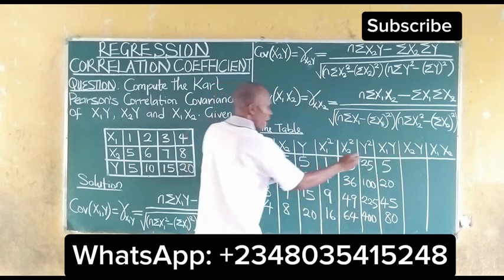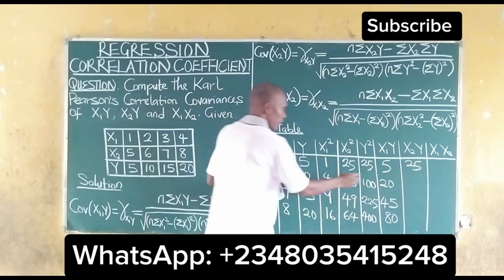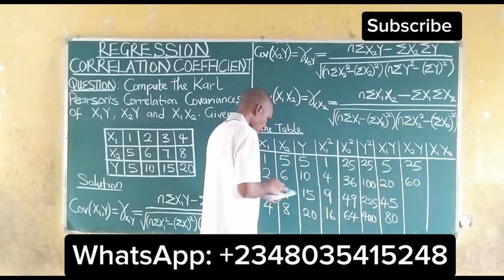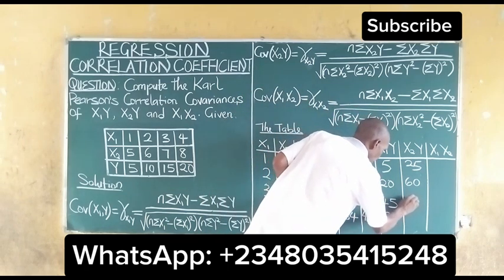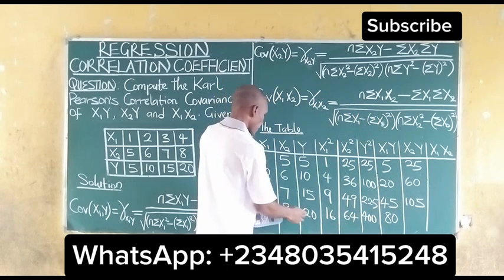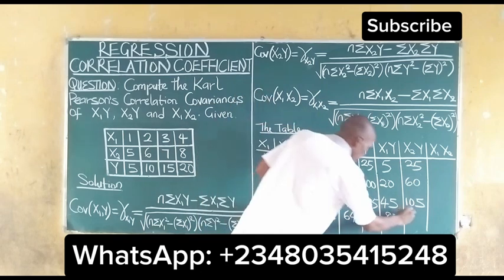For x2y, 5 multiplied by 5 is 25, 6 multiplied by 10 is 60, 7 multiplied by 15 is 105, 8 multiplied by 20 is 160.